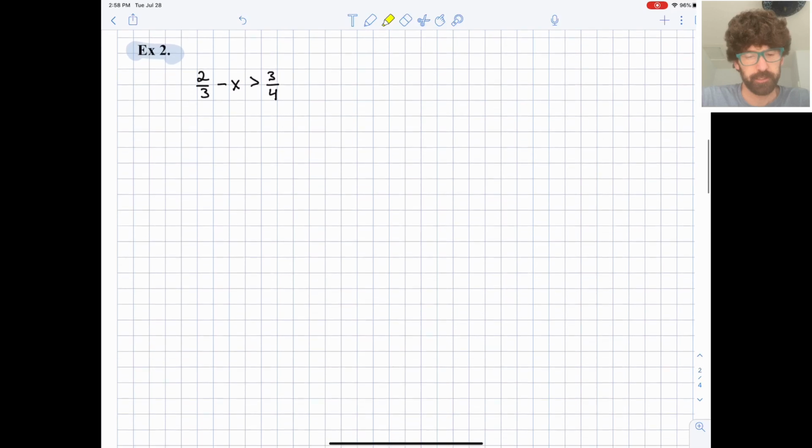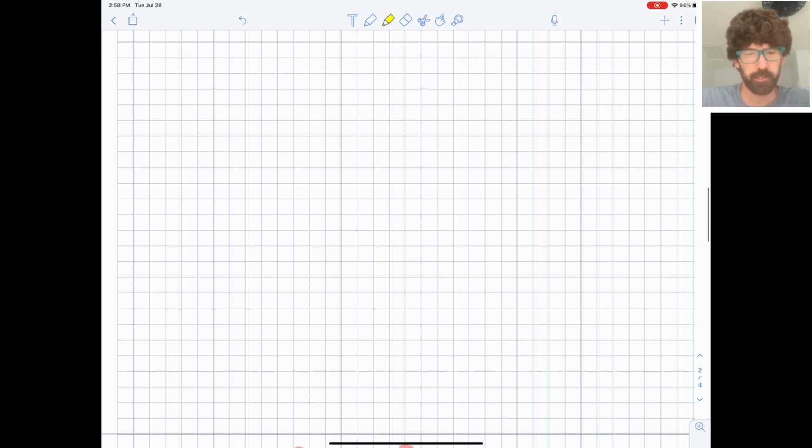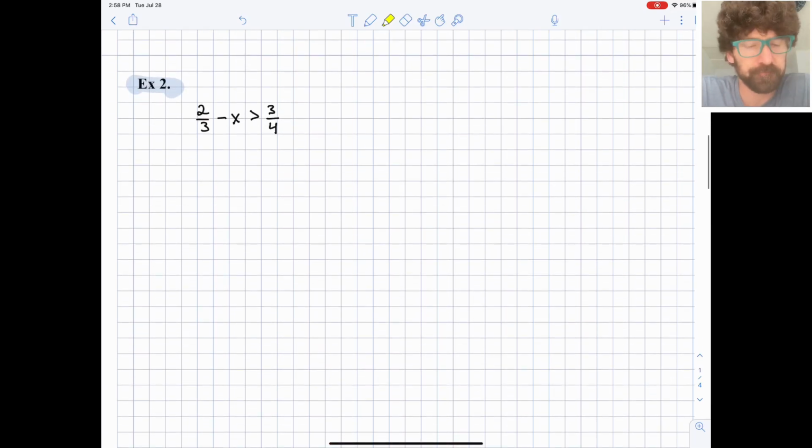Let's look at the second example here, and it looks like we have a couple interesting things going on. You probably noticed the fractions first, and I noticed the subtraction of x first as well. What I'm going to try to avoid right now for this video is having to multiply or divide by a -1 to get rid of that negative in front of the x.